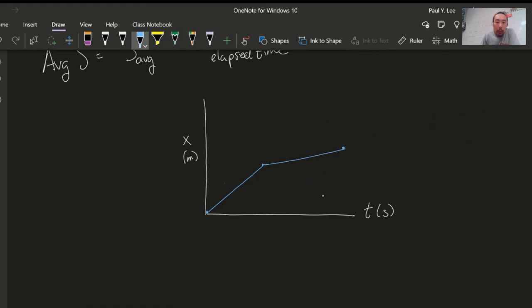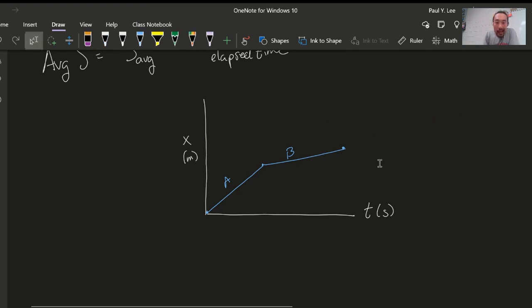Let's say this is the first part of the trip, A, and this is the second part of the trip, B. We can find the average speed for A and the average speed for B. But what a lot of students want to do is take the average between those two numbers, but you really can't. Instead, you have to use the definition of average speed, which is the total distance over the total time, and just find it out mathematically.